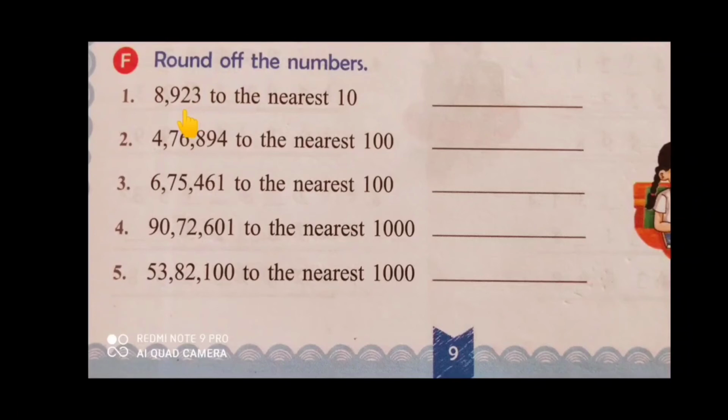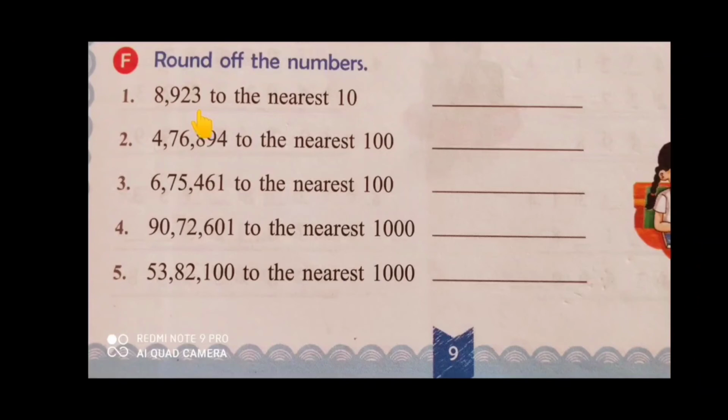The next one: if the number is 36, ones place is 6. This is above 5. So what do we have to write? The rounded number is 40. Now let's see here, 8,923. See this ones place. This is 3. Here, tens. So nearest tens, ones place 3.